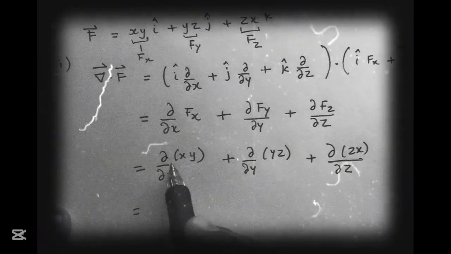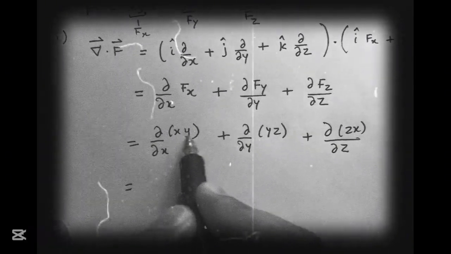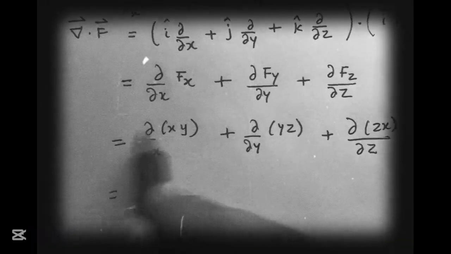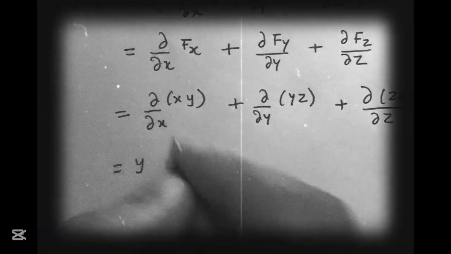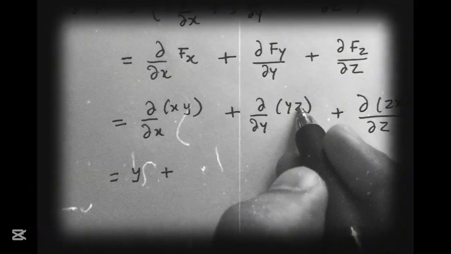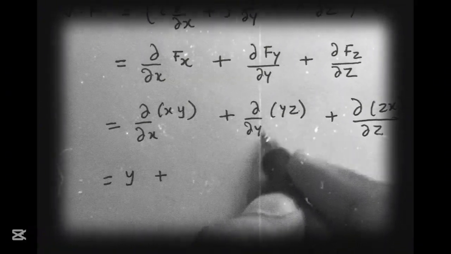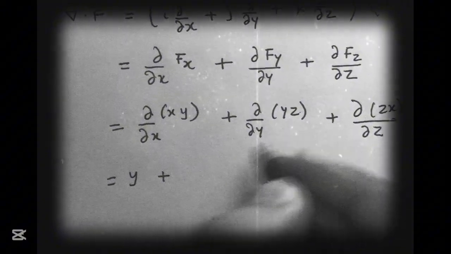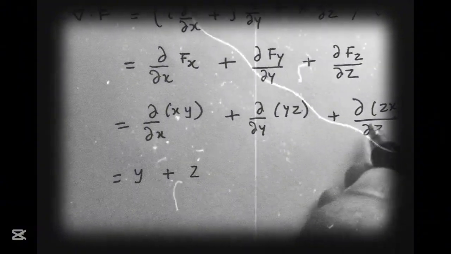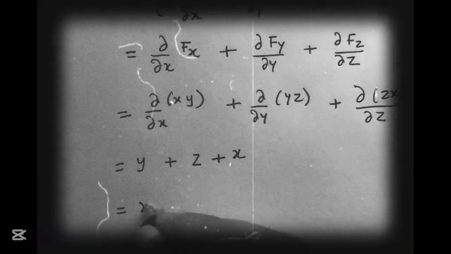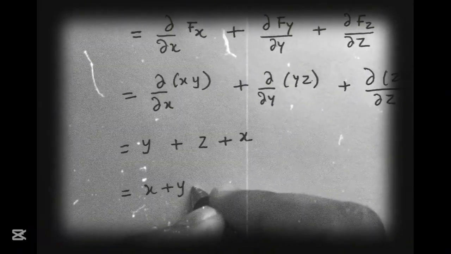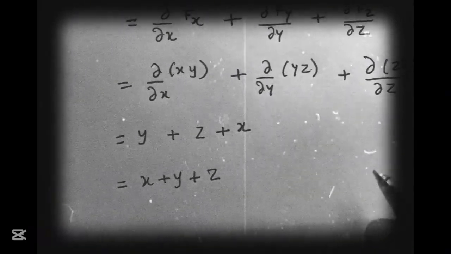Here y is considered constant, so it will come out and give me y. Over here the quantity z will come out, so dy by dy will be 1, that will give me z, and then over here I'll get x. So my final divergence will be x plus y plus z.